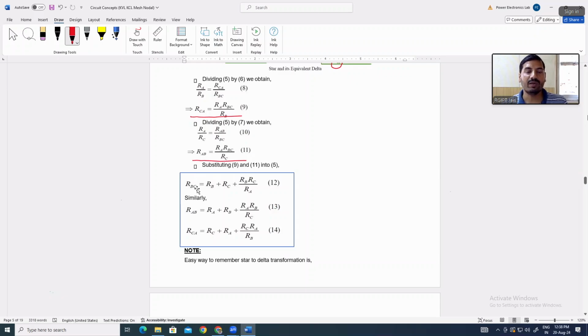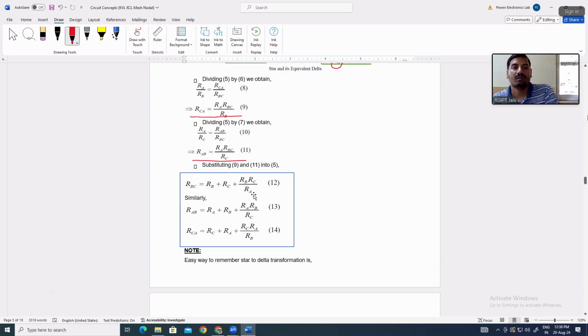RBC का वैल्यू हमको फाइंड आउट करना था in star to delta conversion. Okay, so first we have evaluated the value of RBC. So RBC will be equal to RB plus RC plus RC divided by RA.